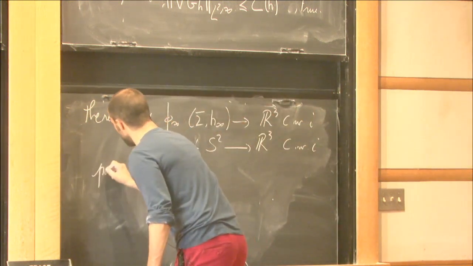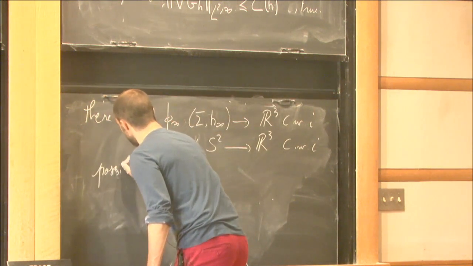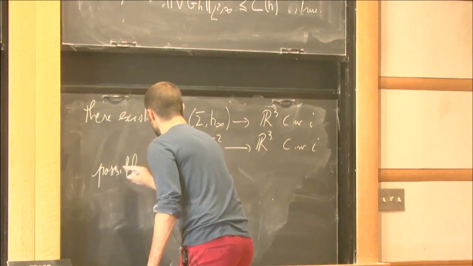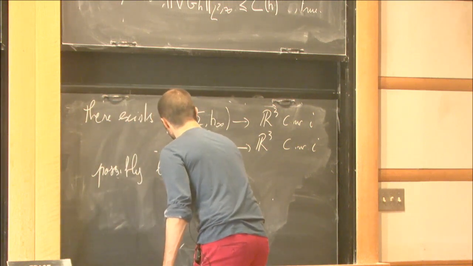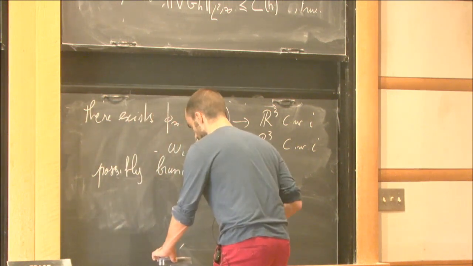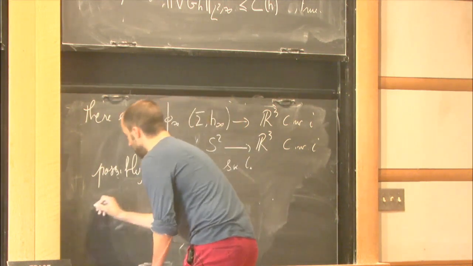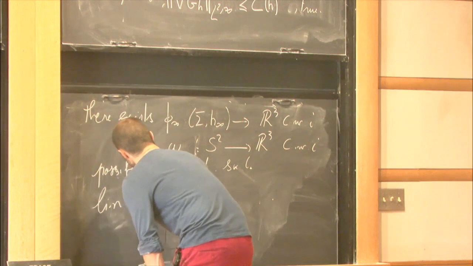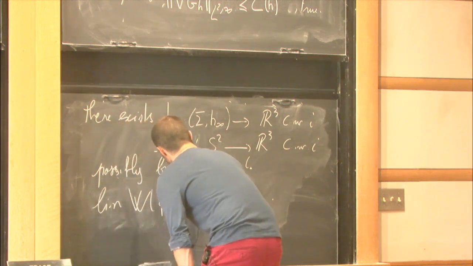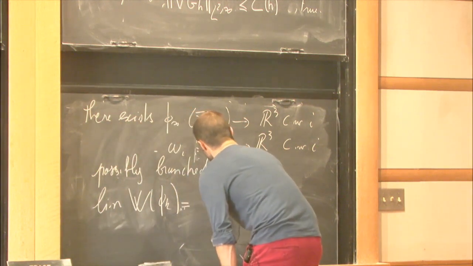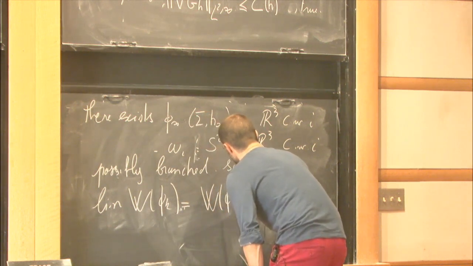Everything is possibly branched, because when you pass to the limit, some finite branch points can appear. Such that the limit of the energy equals the energy of the limit plus the energy of the bubbles.